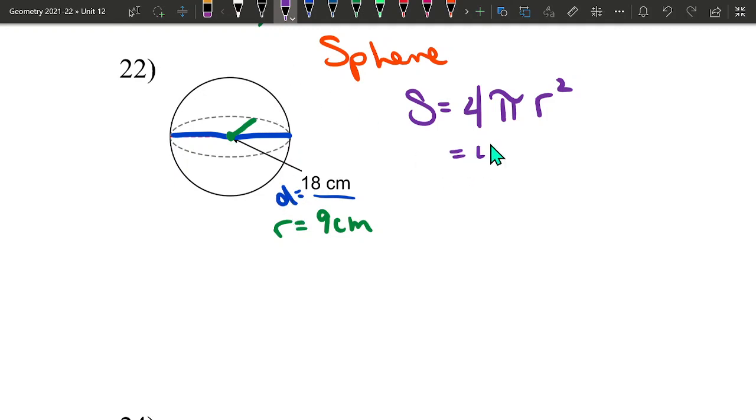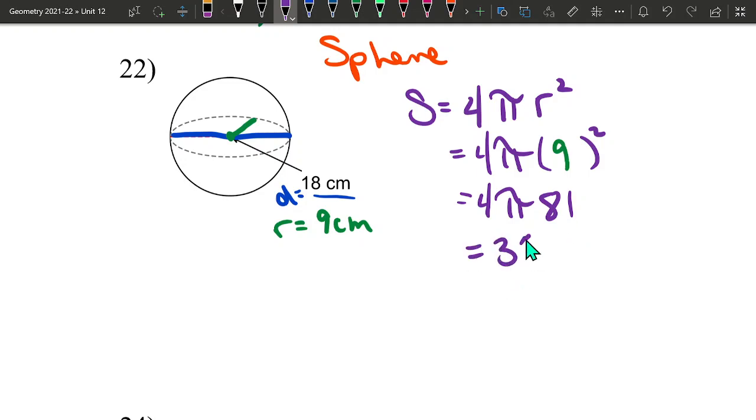So this is 4 pi 9 squared. 9 squared is 81, so this is 4 pi times 81. And then 81 times 4 is 324.